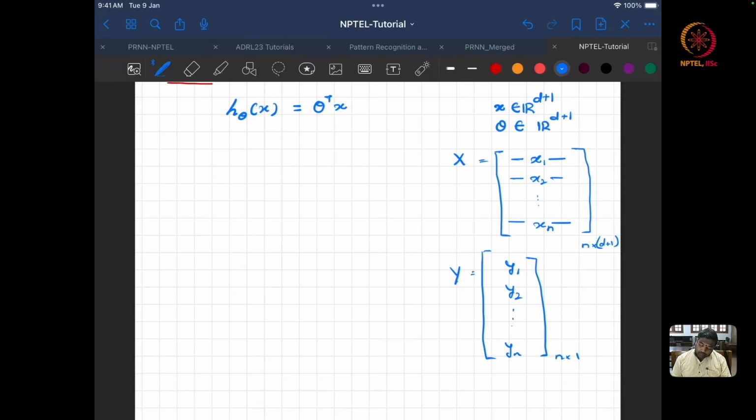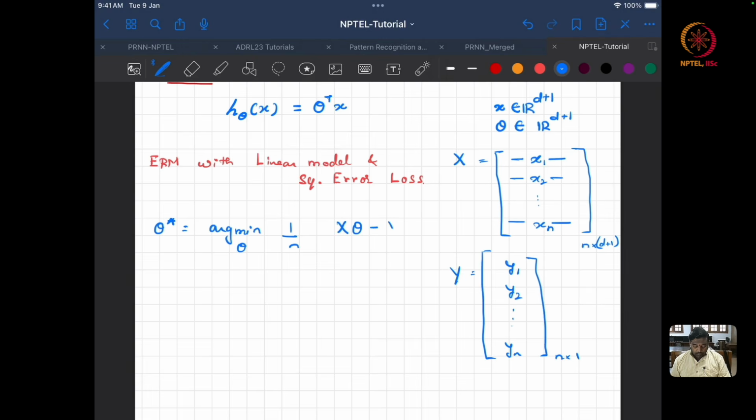So now, we are looking at ERM with a linear model and squared error loss. This is the consideration. Then the overall problem, obtaining the optimal parameters, theta star is argmin over theta of 1 over n, the second norm of x theta minus y.